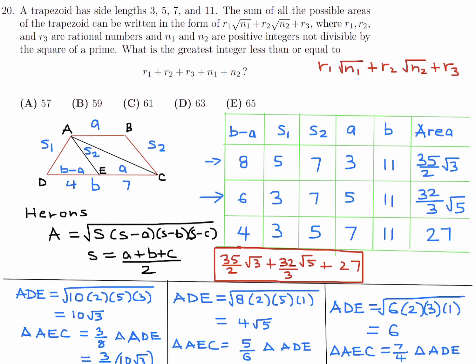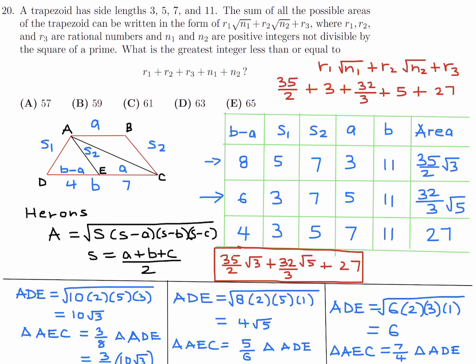As you can see, it matches very nicely. So they want you to just add up those numbers. Okay, what that basically means is 35 over 2, which is my R1, plus 3, which is my N1, plus 32 over 3, which is my R2, plus 5, which is my N2, plus 27, which is my R3.